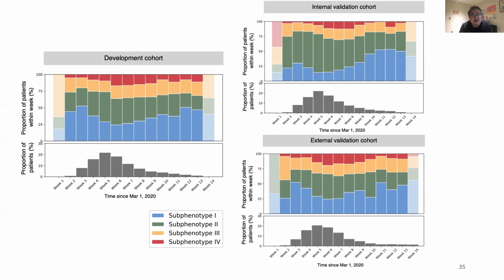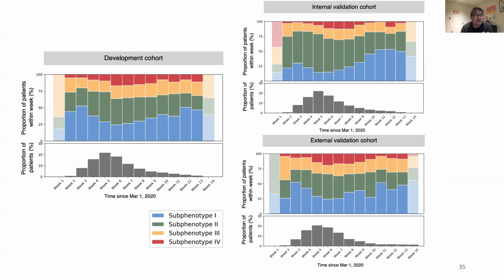We can see over time on the development cohort and validation cohort, subphenotype 4 appears mostly at the peak time, which is March and April in New York, while subphenotype 1 has some fluctuations over time. They have a higher proportion at the beginning and at the end, with the rest of the portions occupied by subphenotype 2 and 3.